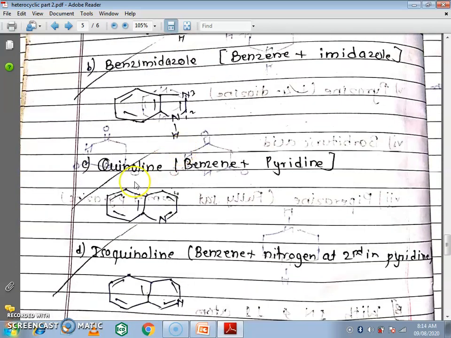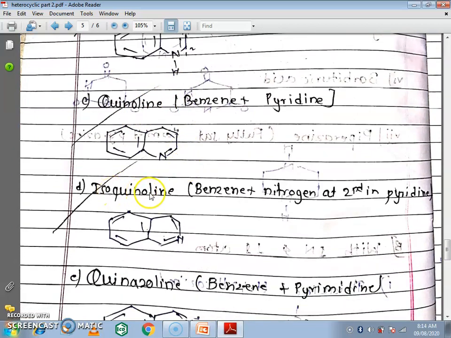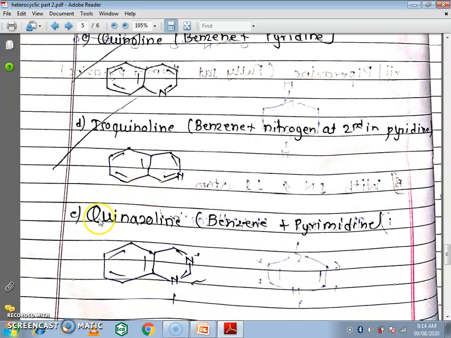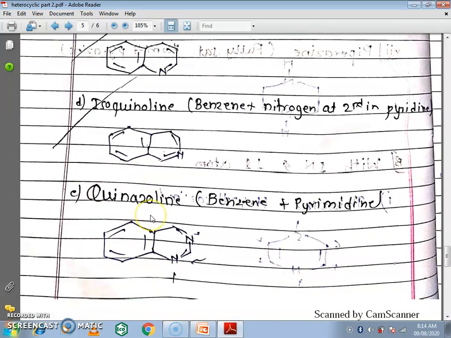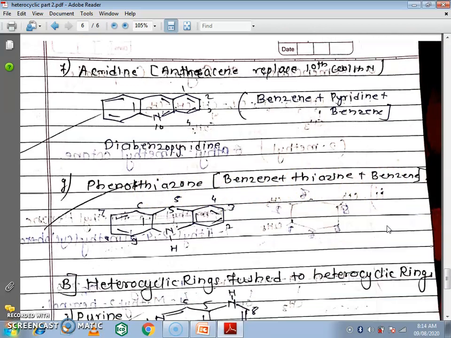Third one is quinoline. Fourth one is isoquinoline. Next one is quinazoline. Next one is acridine. Next one is phenothiazine, that is benzene, thiazine and benzene rings.